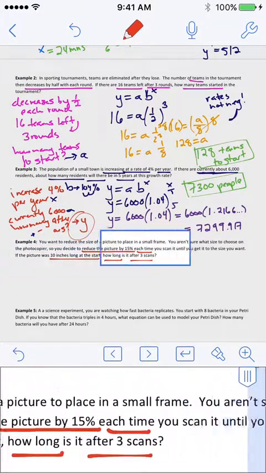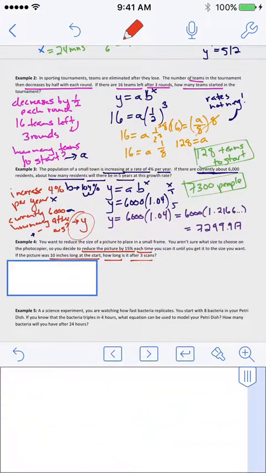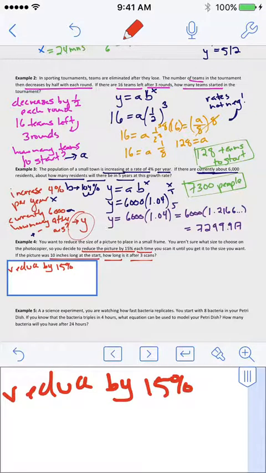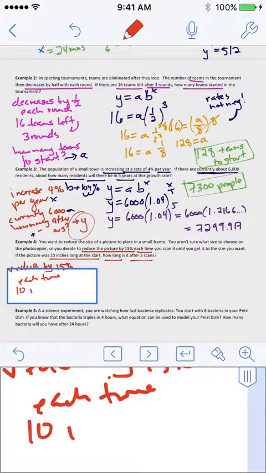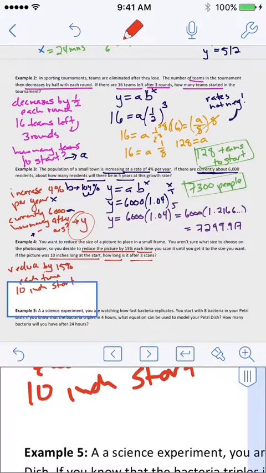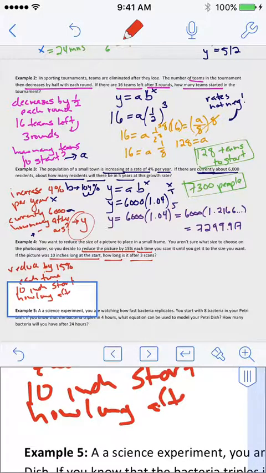Notice I took that whole thing and whittled it down to 5 underlines. So I've got reduce by 15% each time, or each scan, right? 10 inches to start. And then the question is, how long after 3 scans?